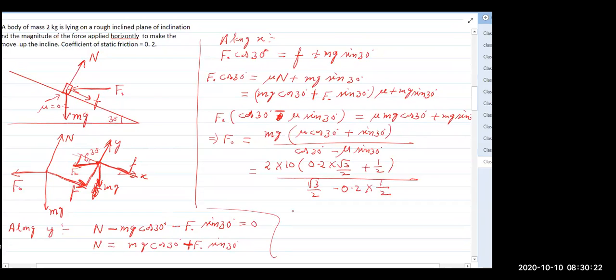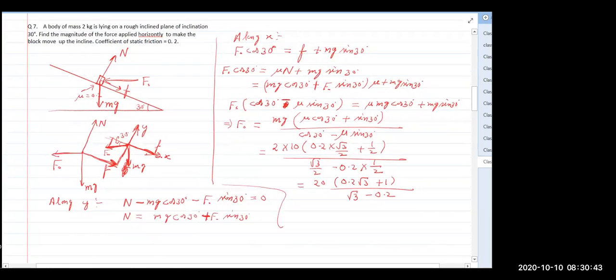So we are having 20 times (0.2 root 3 plus 1) divided by (root 3 minus 0.2). Whatever we get, this will be the answer for this question. This much force we are going to get.